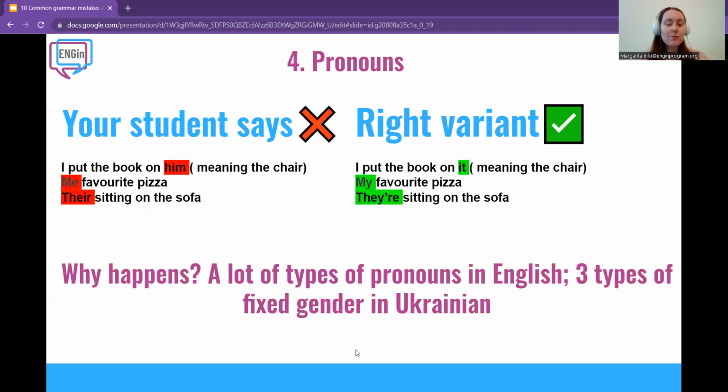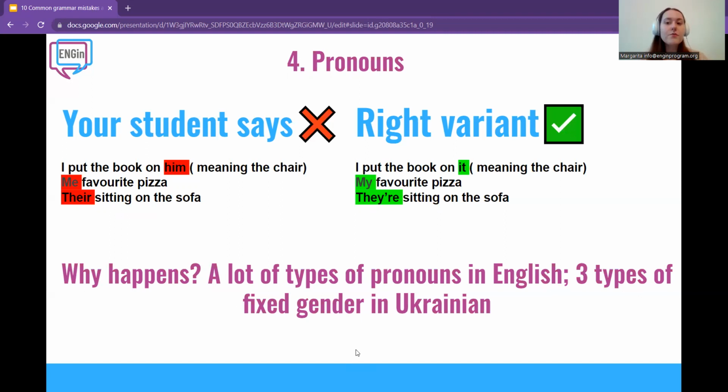Another common problem is mixing up or not using certain pronouns or replacing them with others. For example, a student might say, I like him book instead of I like his book, or me favorite pizza instead of my favorite pizza. This is due to an inability to distinguish between different types of pronouns or the reasons for their use. There is also one more reason.